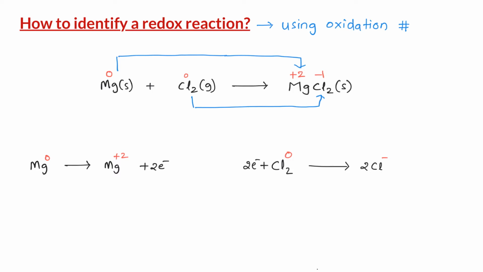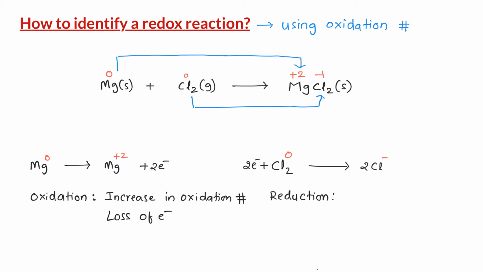Now let us define the terms oxidation and reduction. The term oxidation is an increase in the oxidation number or loss of electrons. And the term reduction is a decrease in the oxidation number or gain of electrons.